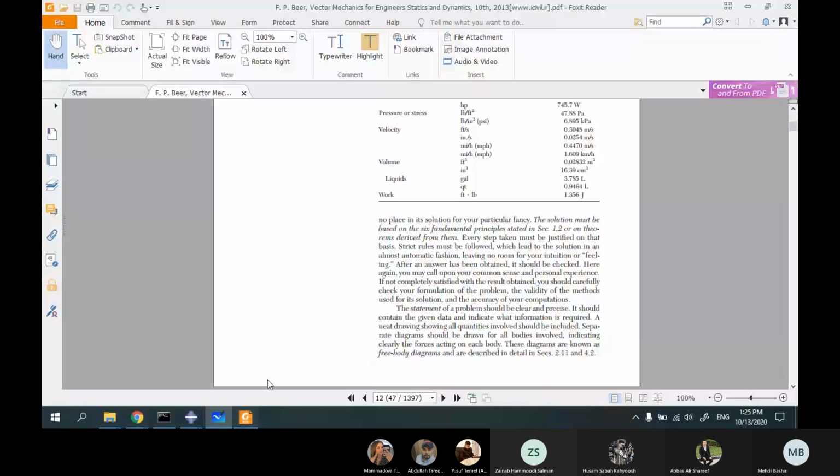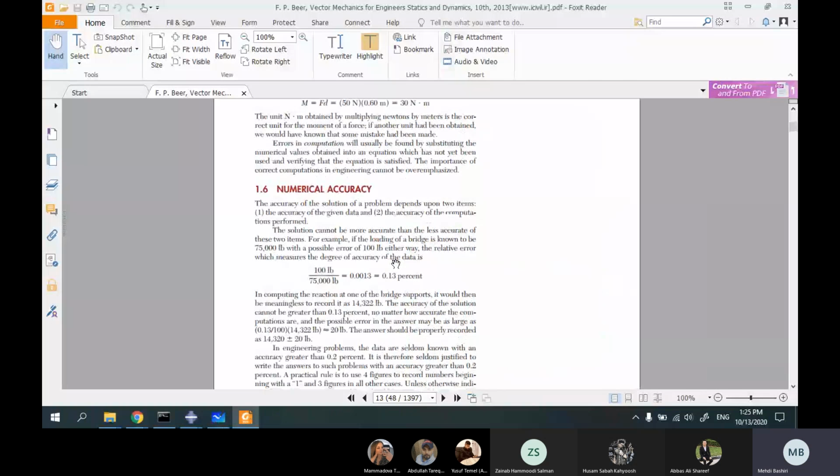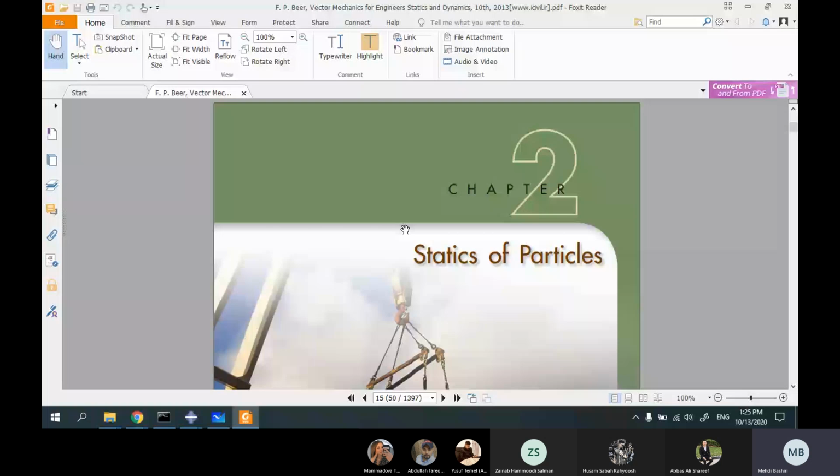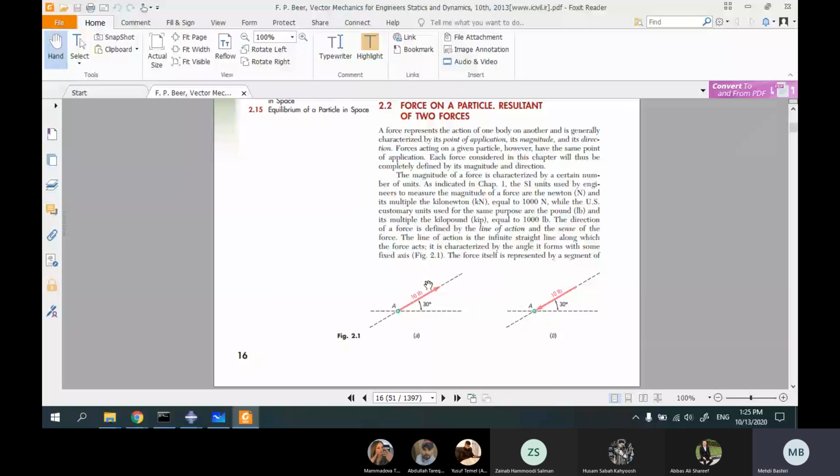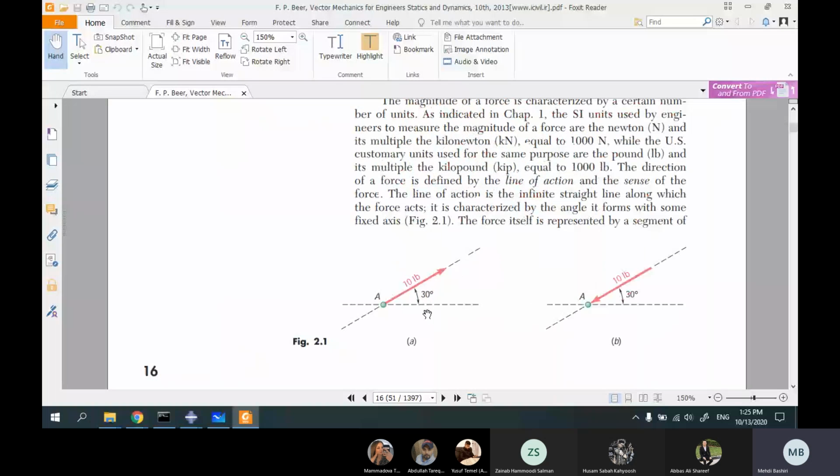So the second chapter of the book, the first chapter is just introduction. In the second chapter, as I said, you get familiar with the forces and their directions and their magnitude. Here you can see that this force has the magnitude of 10 pounds and the direction of 30 degree with respect to what? Horizontal direction. You can just say that the force direction is 30 degree.